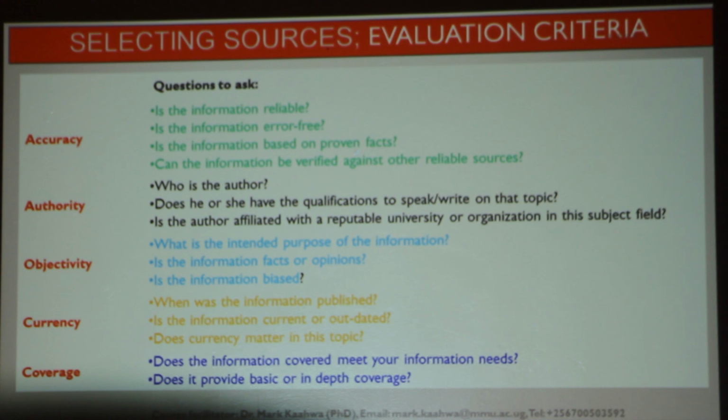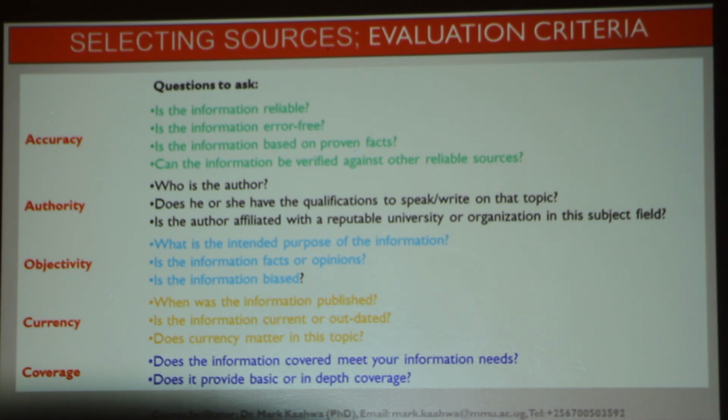Then second, you have also to look at authority. First of all, you ask yourself, who is the author? Is the author an authority in this area? If, for example, it is in education, somebody has published an article or a conference proceeding in education, so yes, it is published, but is the author an authority in this area?